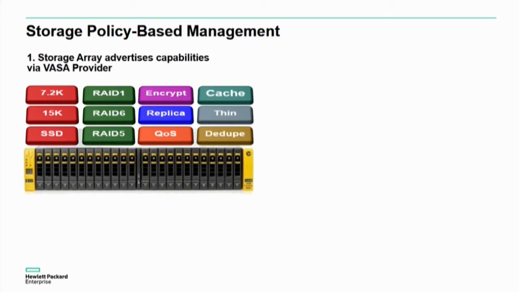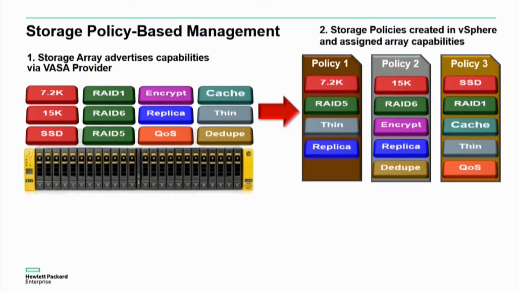On the storage array side, we're advertising everything we're capable of to vSphere. Whether it's something hardware specific, what type of drives these are, what my RAID levels are, all my array capabilities get advertised to vSphere. Once vSphere is aware of these, I can go out and build storage profiles and storage policies, and you can cater them to whatever your requirements are for those VMs.